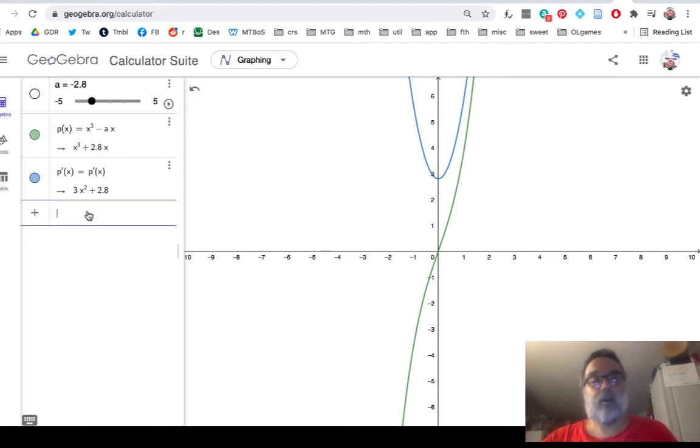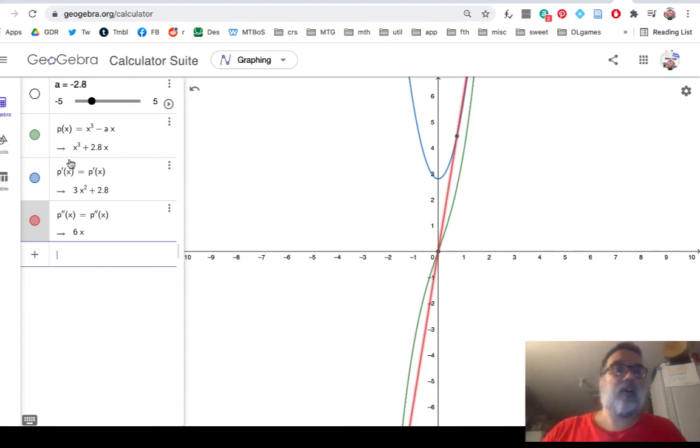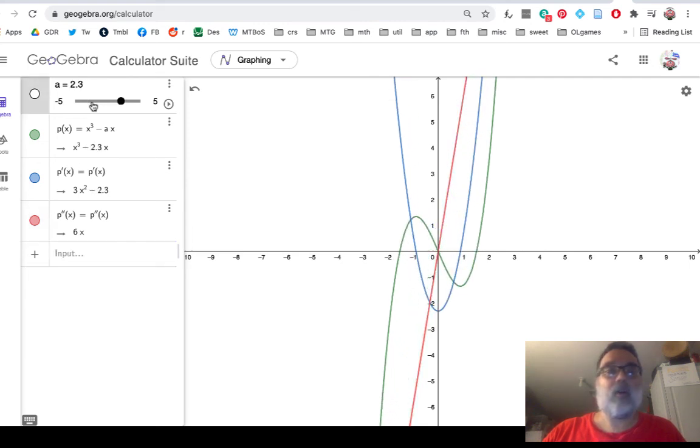And the second derivative, I'm expecting a line that passes through the origin, and that's what I get. Okay, so I think that confirms everything that we said about it. It checks whether I was taking the derivatives correctly, checks our sense of what was important.